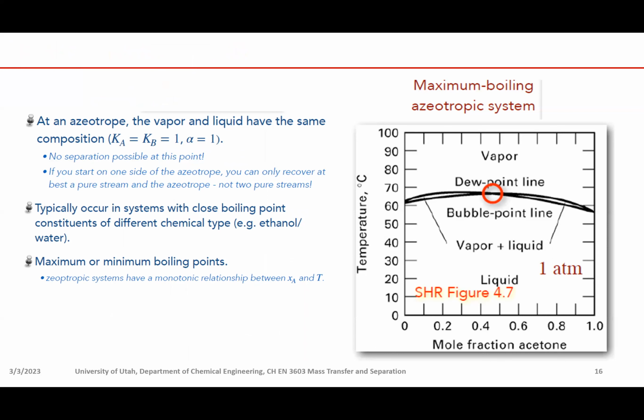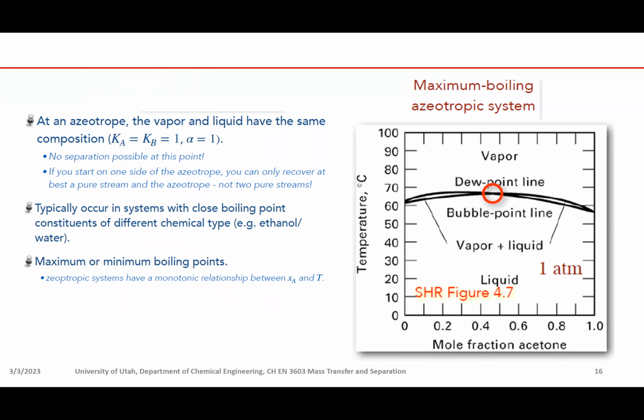And why do we have such interesting behavior? Physically or chemically, when you have two components, two species, that are different chemical types but with close boiling points, they will have this behavior.